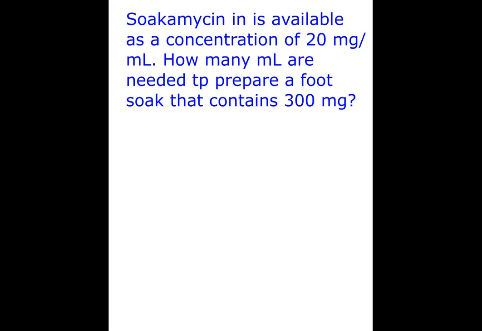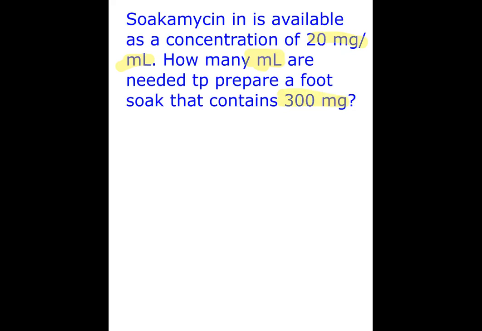So first thing that we see is that we have our concentration, 20 milligrams per ml. The question is how many mLs? So we're looking for mLs. And we want to prepare 300 milligrams of that.